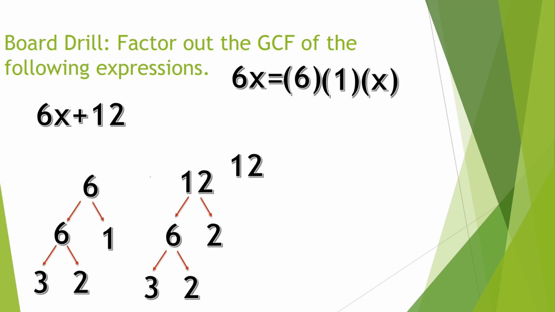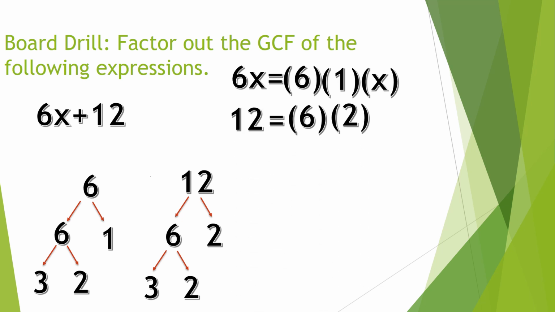Pero dito tayo, ulitin ko, dito tayo sa 6 times 2, because 6 times 1 and 6 times 2. So we are looking for the GCF, right? The greatest common factor. When I say greatest, pinakamalaki. Common, anong meron sa isa, meron din sa kanila. So, ang common natin dito is 6.